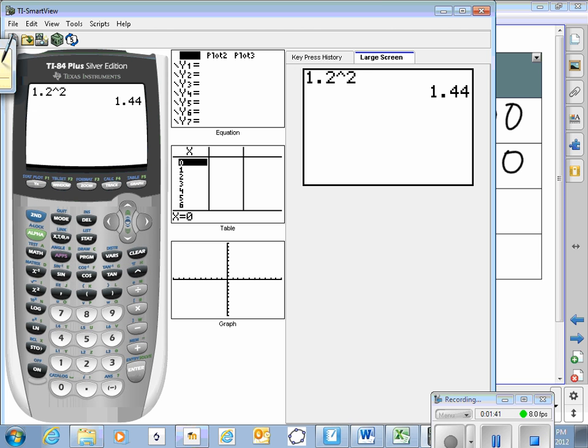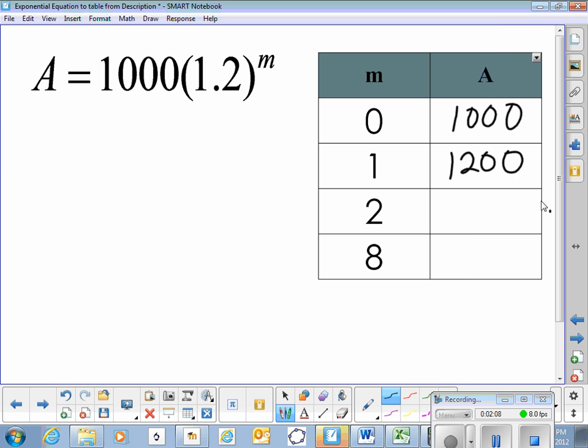And then let's multiply by the 1,000 that we started with. Okay, so 1.44 times 1,000 is 1,440.